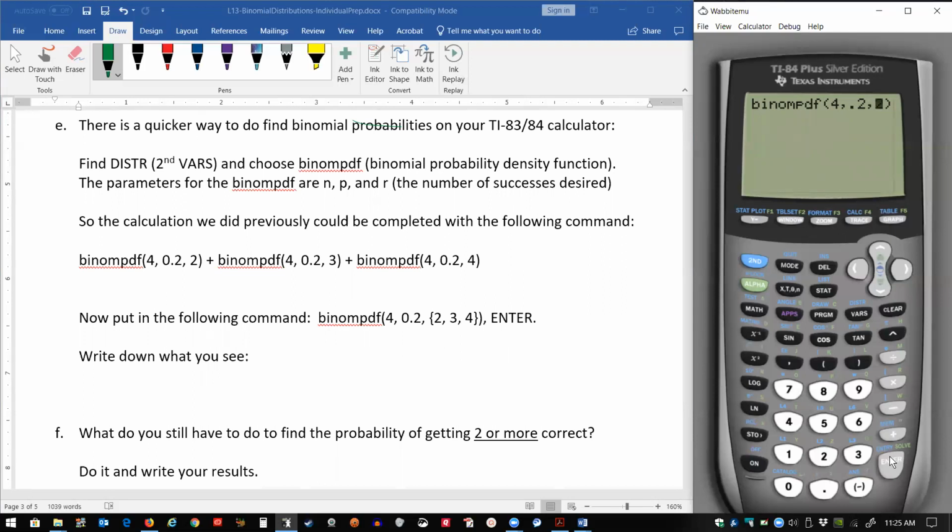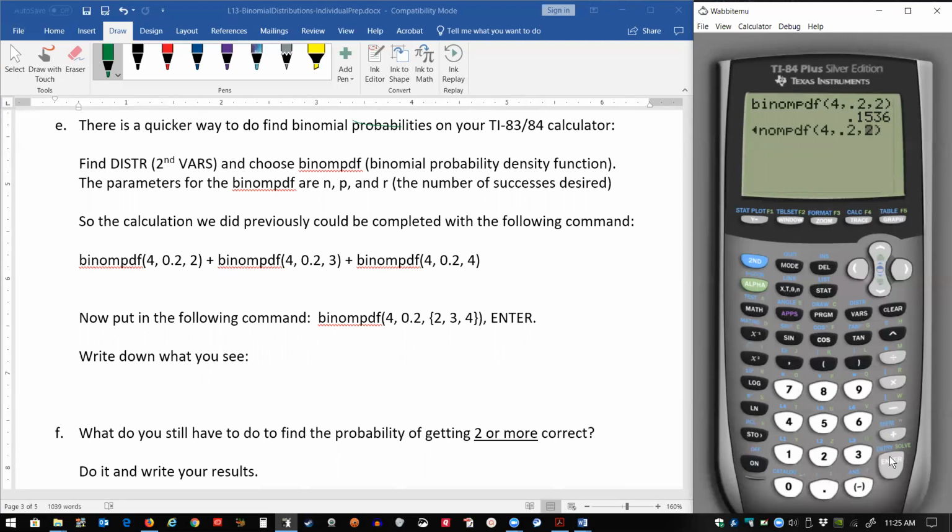N, comma, P, comma, R. And press enter, and that gives us that particular probability. A lot easier to type than doing the actual binomial probability formula every time, right?